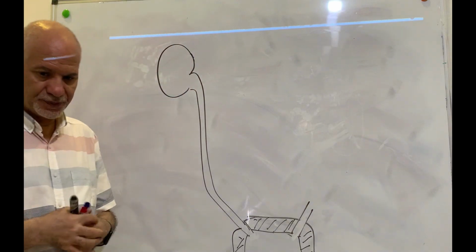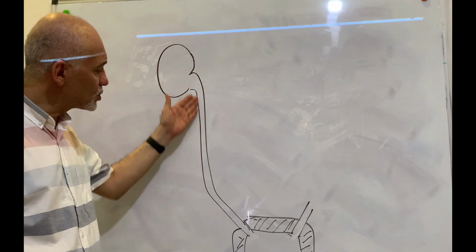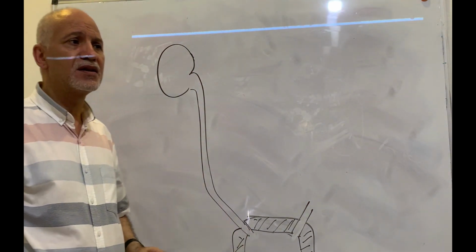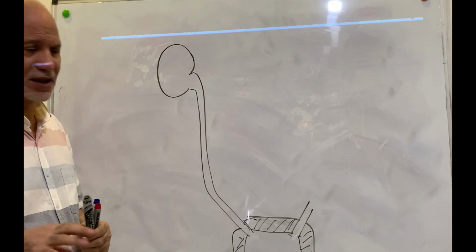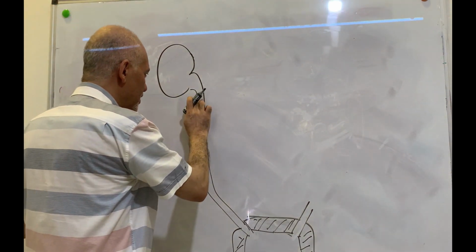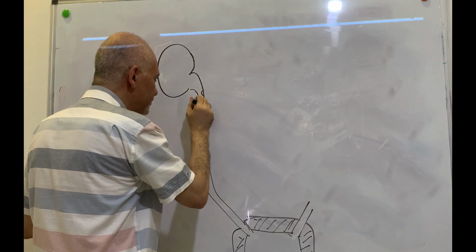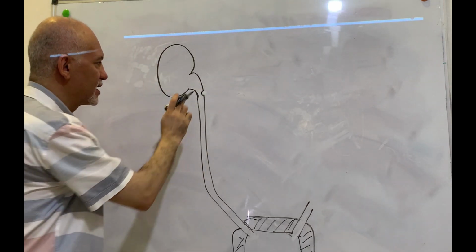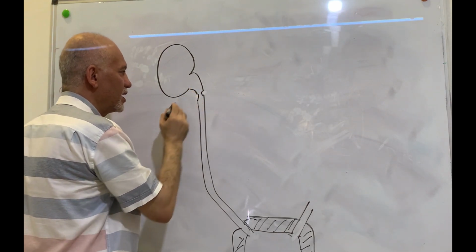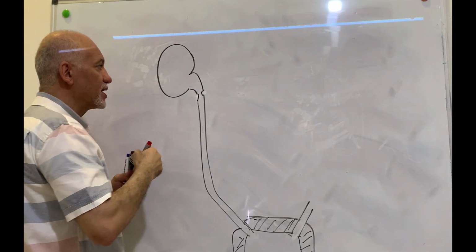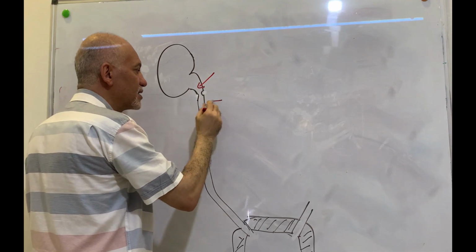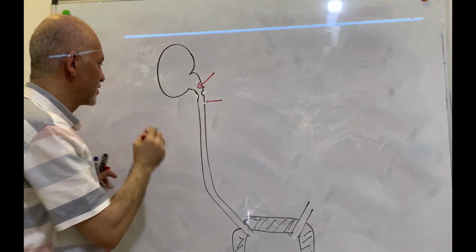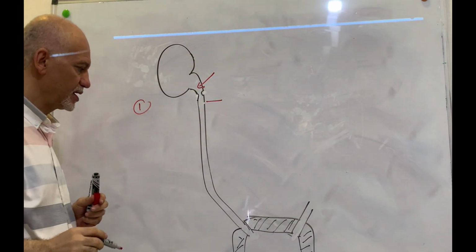Along the course of the ureter, there are normal constrictions, normal narrowings. The first narrowing is at the junction between the pelvis of the ureter and the ureter, the pelviureteral junction.